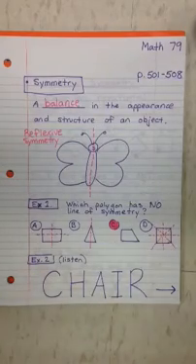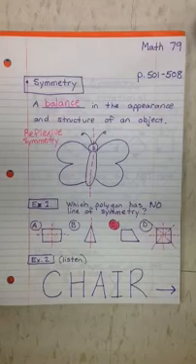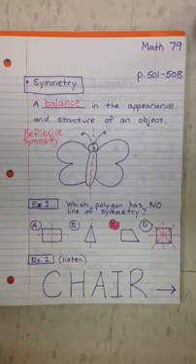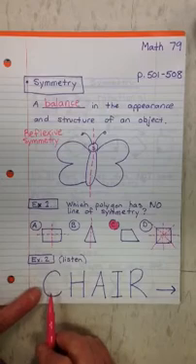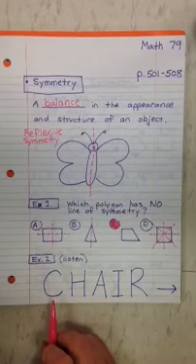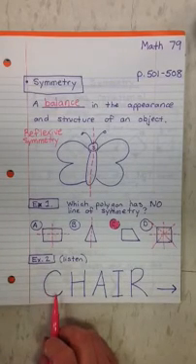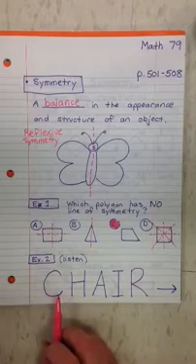For example 2, we're going to look at the letters in the word chair, and we're going to decide which of these letters has a line of symmetry, or more than one, or none at all. So look at the letter C. Is there a way to cut the C in half so that one side could reflect over onto the other side?